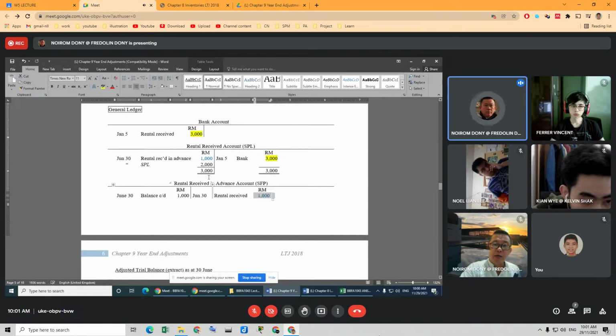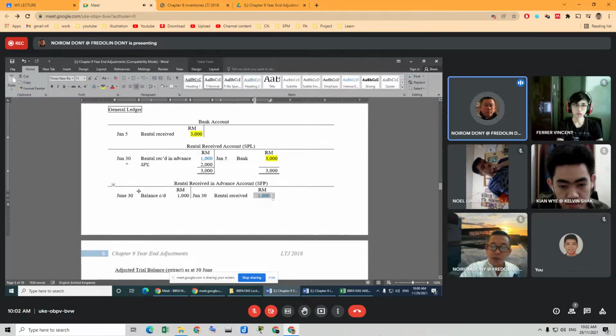Okay, and then SOFP, so rental received in advance account. So we close off, we put double line, and then put double line also here, 1,000, and put the particular as balance CD.